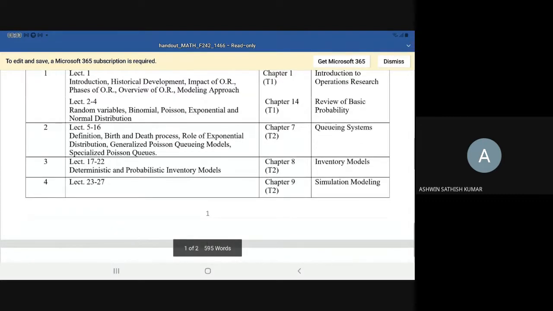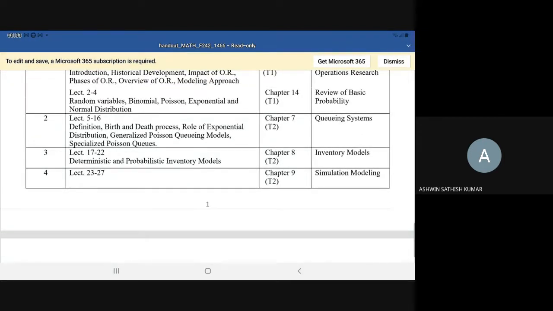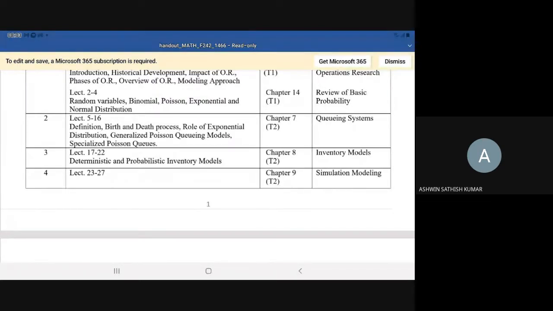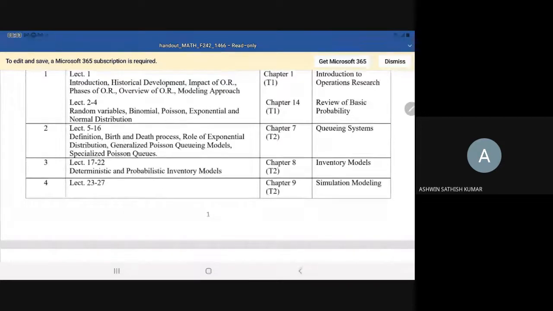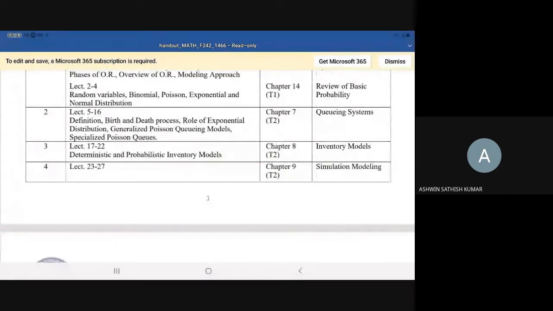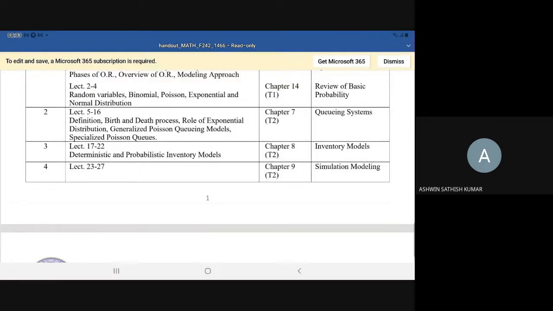Thereafter, in the mathematics department, this is the most important course in view of application. Whatever topics you will see here are all application oriented. In the second module, we have queuing theory, or the waiting line problem, or congestion.